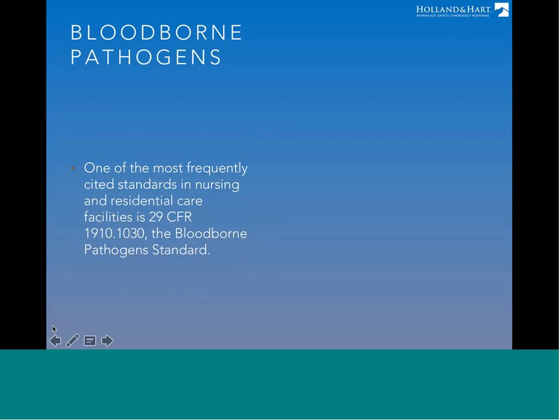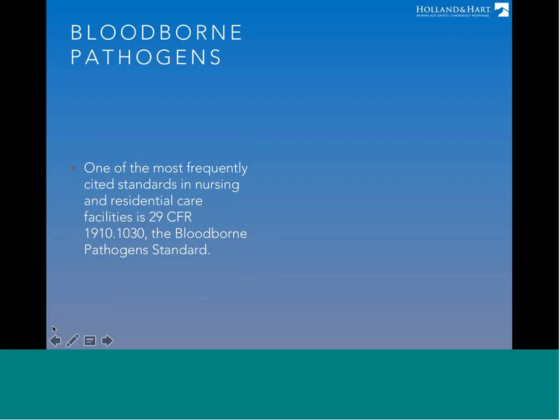As I mentioned with Ebola, and HIV, of course, another one of the most frequently cited standards in nursing and residential care facilities is the bloodborne pathogen standard. Now, something to mention here is that this is one of the specific standards that does apply. This is not going to be a general duty clause issue, and so OSHA actually has a bloodborne pathogen standard.